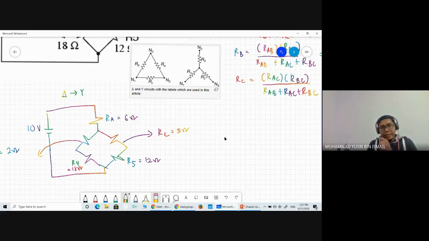Now, suppose I need to determine the current. First we have voltage, current and resistance. These are the resistances RA, RB, RC, then R4 and R5.